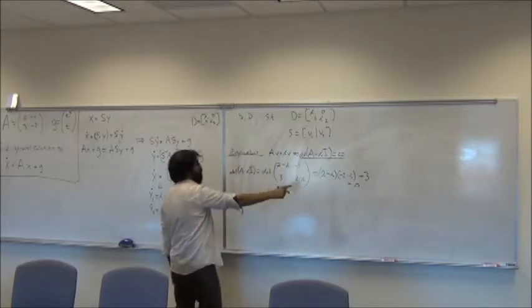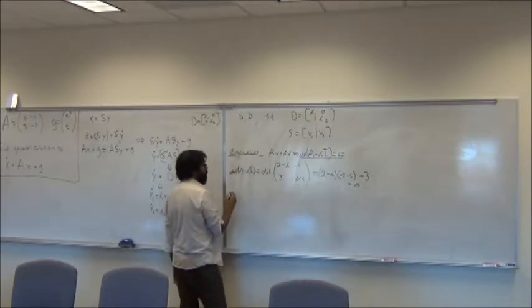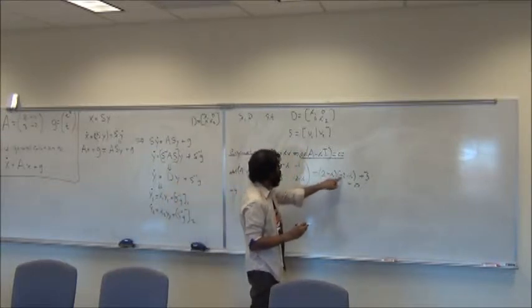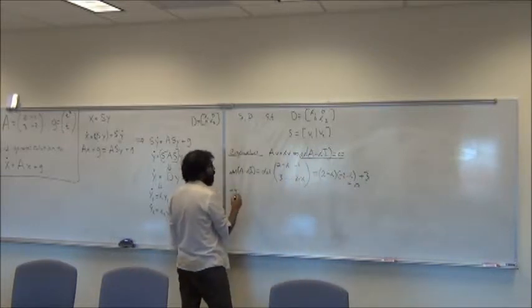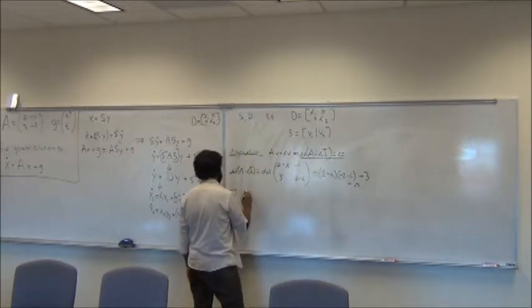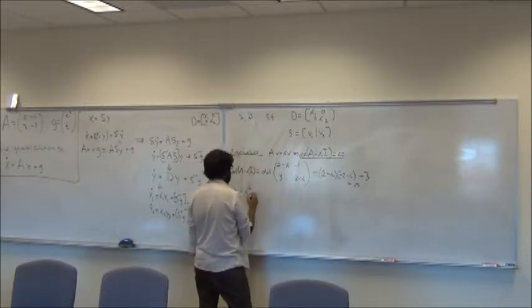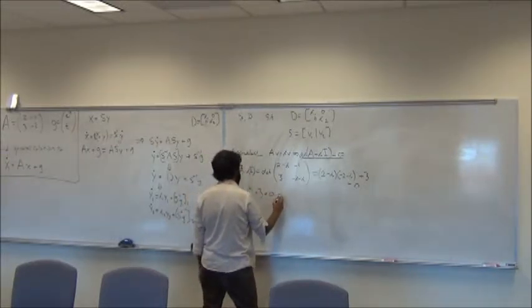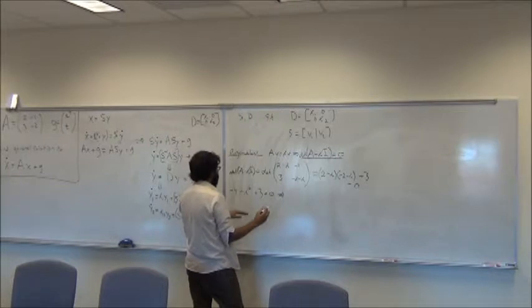And so what we can do is we can multiply this out, and we get negative 4, that times that, plus 2 minus 2. So the lambda term cancels out, and we have this times this, which is plus lambda squared, and we have plus 3. We want that to equal 0, and so we can factor this out.